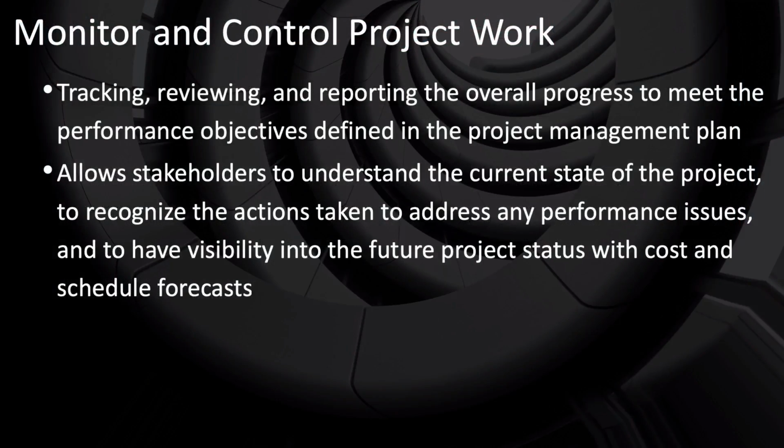Now we switch to the next process, monitor and control project work, which is about tracking, reviewing, and reporting on the overall progress to meet the performance objectives defined in the project management plan. This is the process that allows stakeholders to understand the current state of the project, to recognize the actions taken to address any performance issues, and to have visibility into the future project status with cost and schedule forecasts.